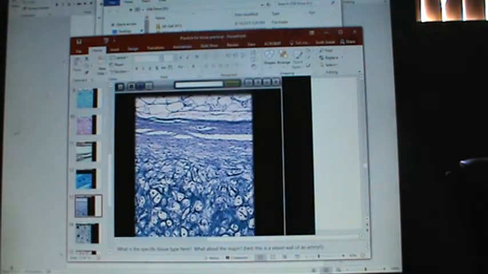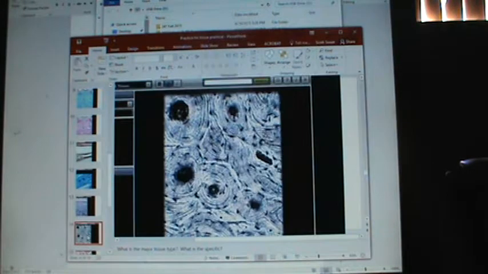It's different though, kind of like spiderweb fiber. This would be elastic cartilage, like we would find in places such as your ear or your epiglottis. Great. So let's go on to another one.